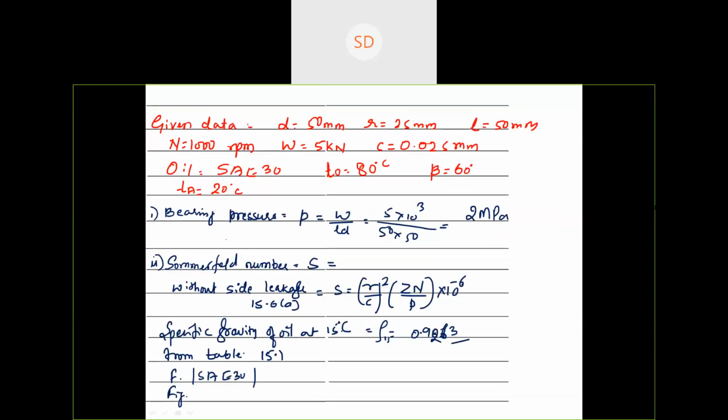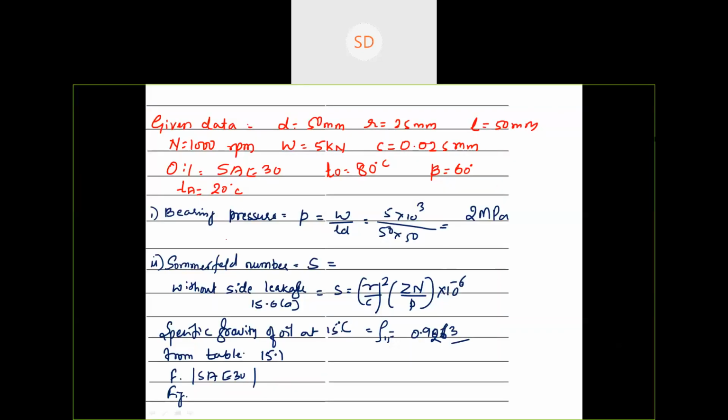Okay. So now let us go for the noted value from figure number 15.3. From figure number 15.3, I have noted kinematic viscosity 18 centistokes. Now this kinematic viscosity has to be converted in terms of meter square per second.